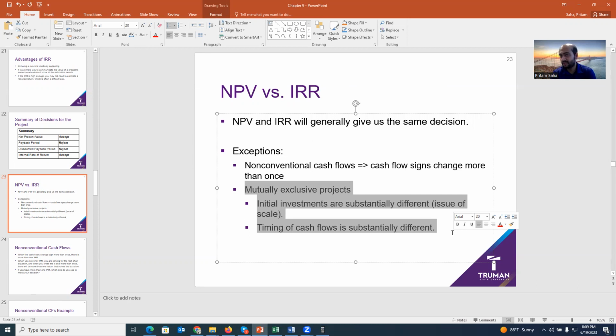If you take one project, you cannot take the other. So for mutually exclusive projects with different cash flow amounts, IRR could give you different results than NPV. In these situations, the answer is always follow NPV.